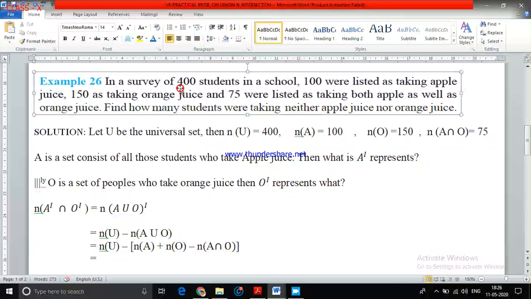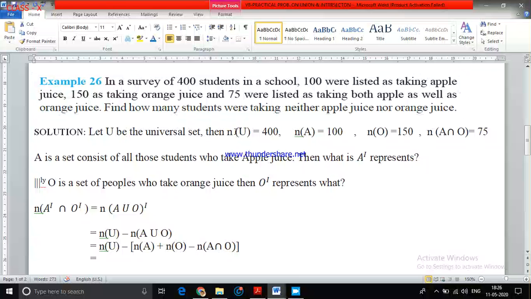Now what does this 400 represent? Does 400 represent N of A union O? No, because this is not the case where people drink orange juice or apple juice. This is the total number of students in the school, so the total number is represented by the universal set. U is the universal set and N of U is 400.